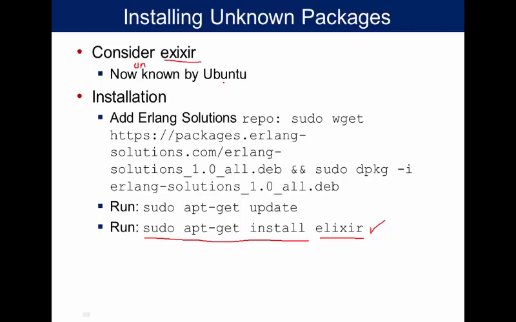Ubuntu does not know it. So it is yet unknown. If it is not known, then you need to let it know that Elixir is in this package or language.